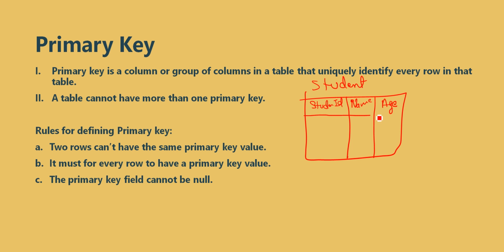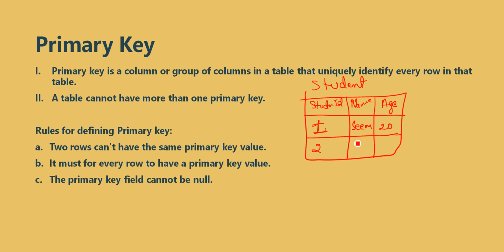So let's say two students came to me. One has student id 1, and the name is Seema, and age is 20.